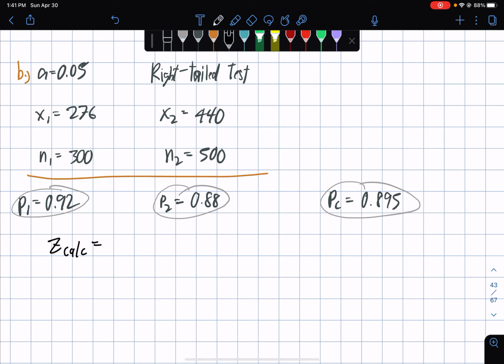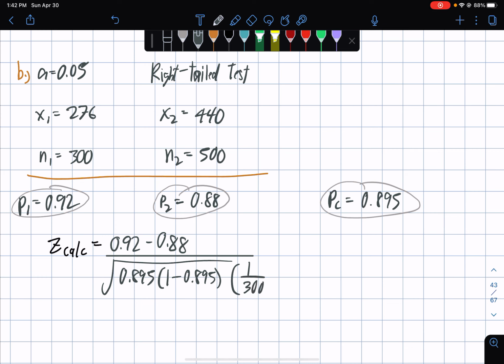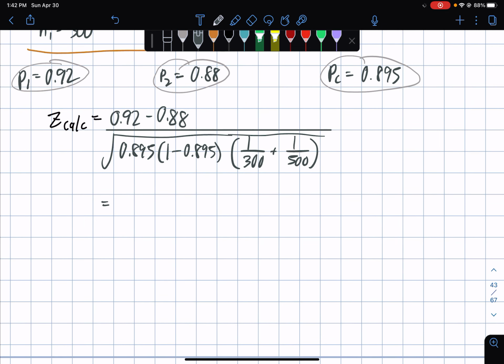Okay, Z-calc is equal to P1 minus P2 divided by square root of 0.895 times 1 minus 0.895 times 1 over 300 plus 1 over 500. 1.787 Z-calc. Okay, this is the answer for letter B.